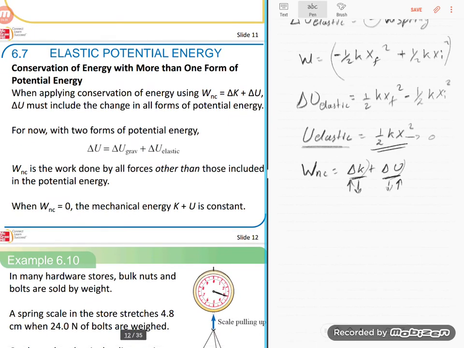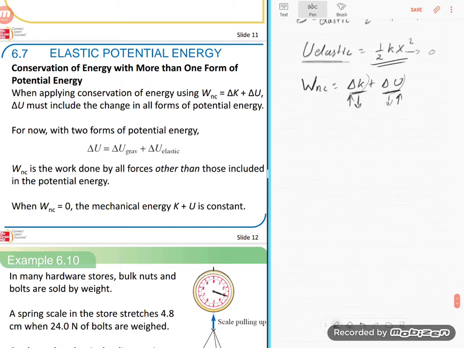For now, with two forms of potential energy, we have change of U, which means potential energy, gravitational potential energy, plus change of U elastic. So we have elastic potential energy and gravitational potential energy.